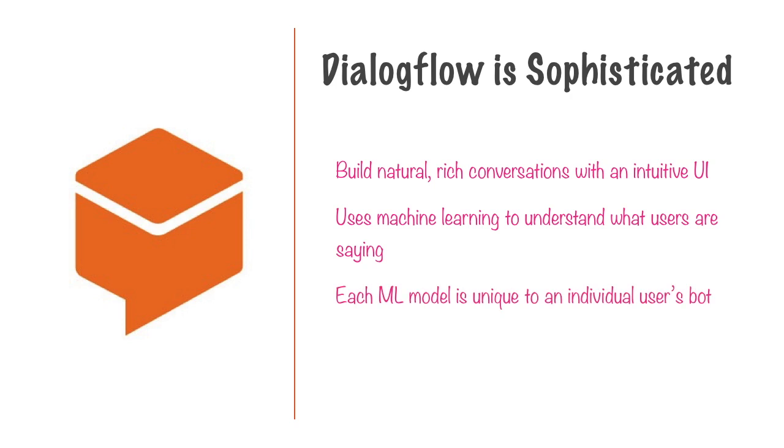What sets Dialogflow aside from other chatbot platforms that might exist is that every machine learning model that it builds for an agent that you configure is unique to that individual user's bot. That machine learning model learns from conversations that your users of your website or app have with the bot, resulting in a bot that is tailored for your unique purpose.